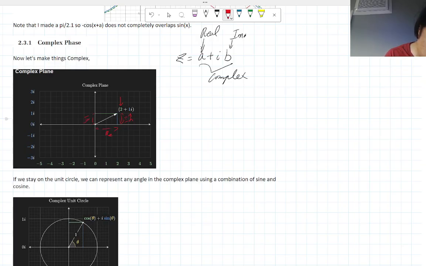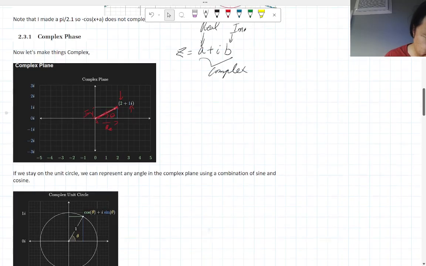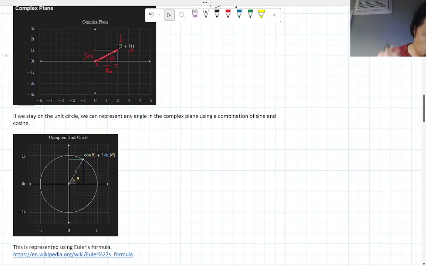It's actually better if I write it here, so not in the way. Notice that there's some magnitude to this, and then there's also some angle to this. The cool thing is that if, let's say, we stay in the unit circle, I'm going to break this down in 2 pieces.